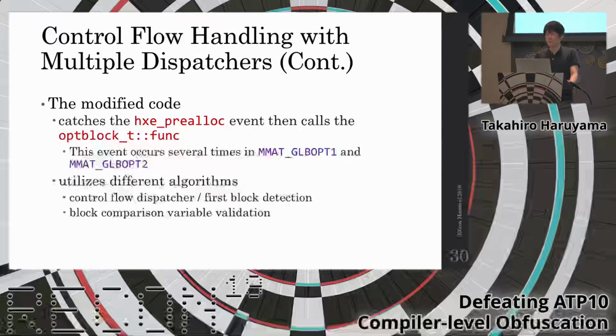It catches the specific event, HXE_PREOPTIMIZED. That is the final event for optimizations. Then it calls the optblock_t callback function several times.